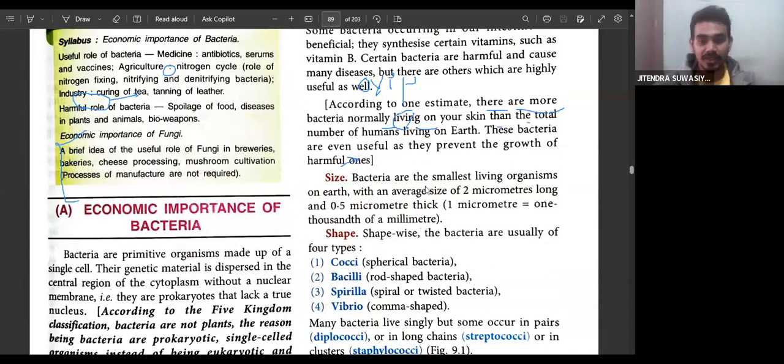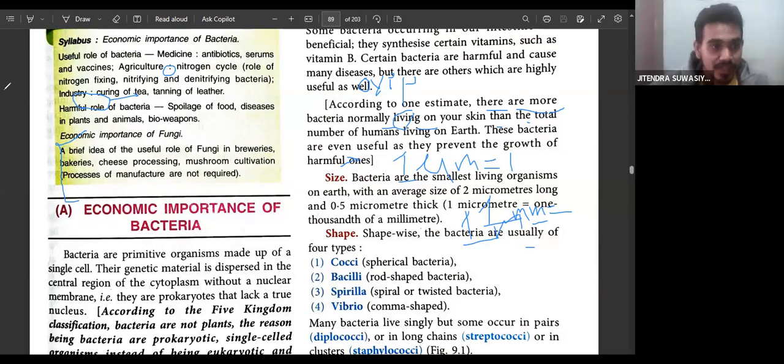Then what is the size of bacteria? Bacteria are the smallest living organisms on earth, with an average size of 2 micrometers long and 0.5 micrometer thick. 1 micrometer is one thousandth of a millimeter, so 1000 parts of 1 millimeter is 1 micrometer.